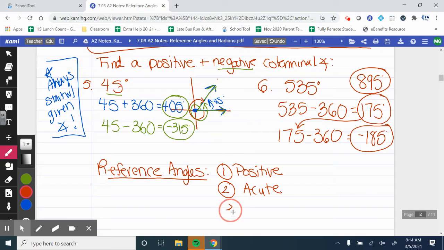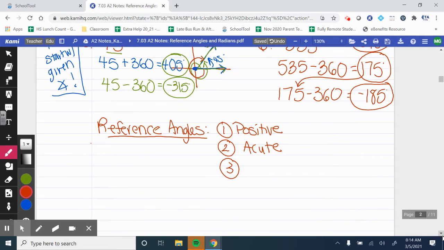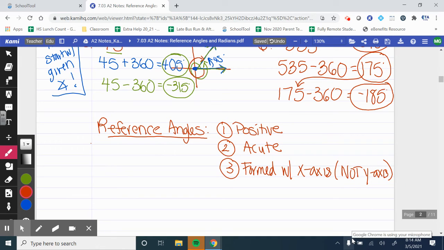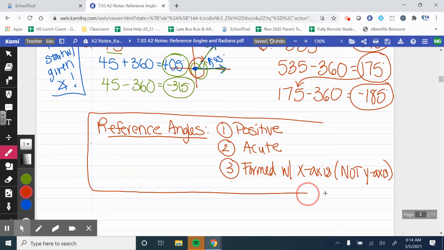And 3 I just say because of common mistakes that happen, they must be formed with the x-axis, not the y-axis. Okay, really important that you know these 3 things. Have that memorized about reference angles. They must be positive, they must be acute, and they must be formed with the x-axis.